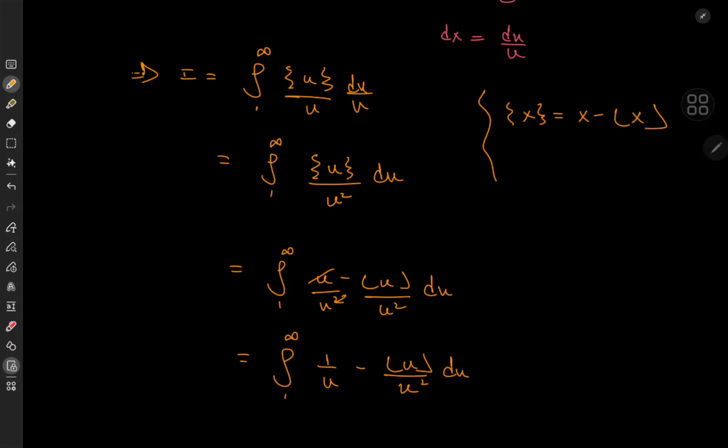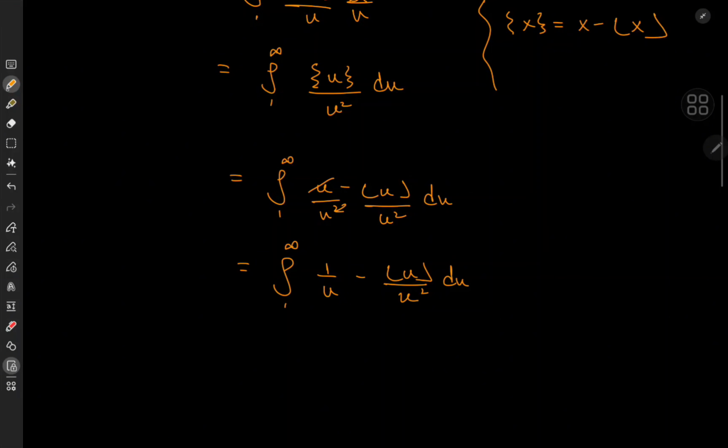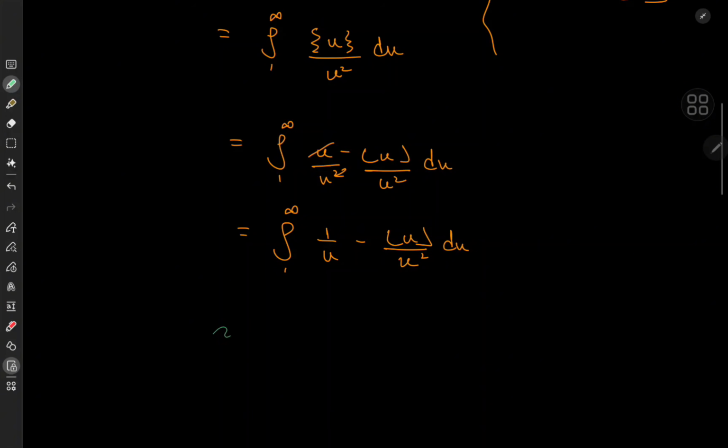And this is a pretty cool looking integral. We can now leverage the properties of the floor function, because why the hell not? So the floor of u is going to be equal to the integer k if and only if u here is bound between k and k plus 1.